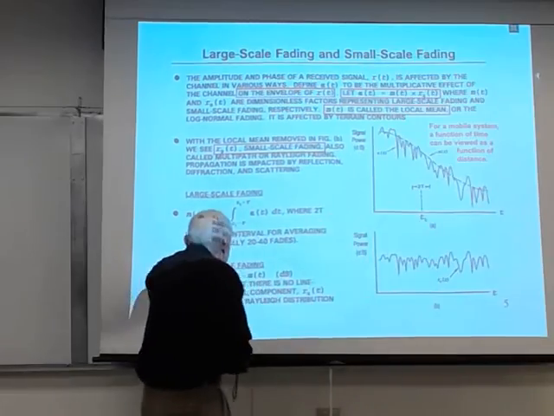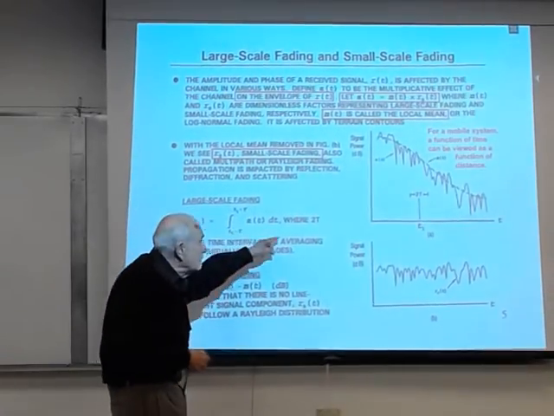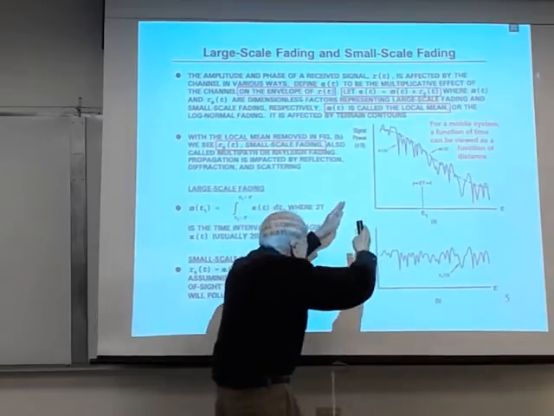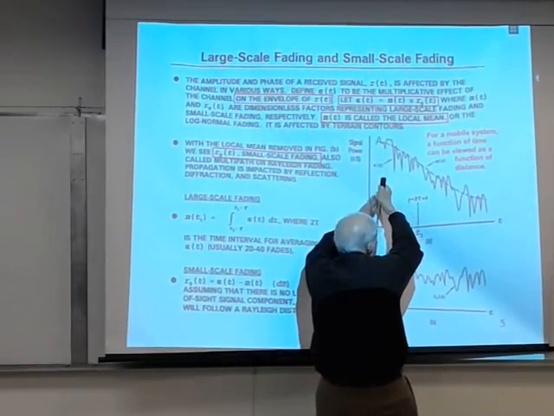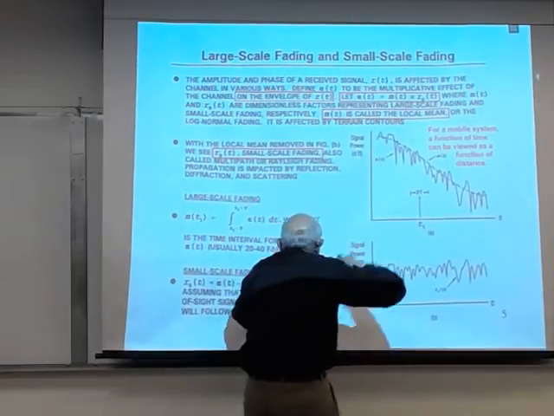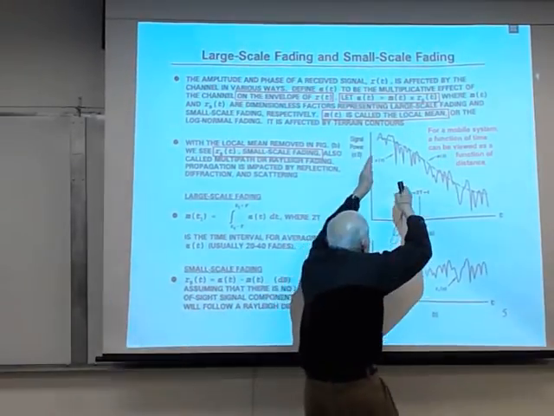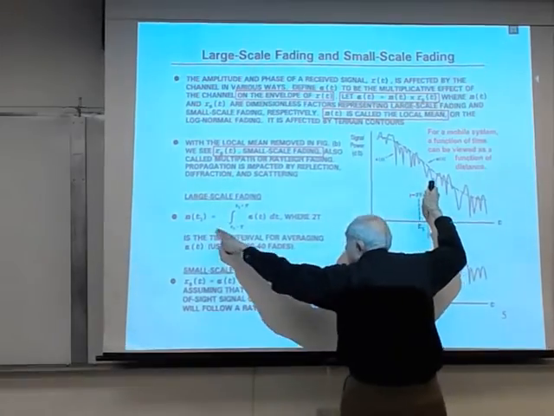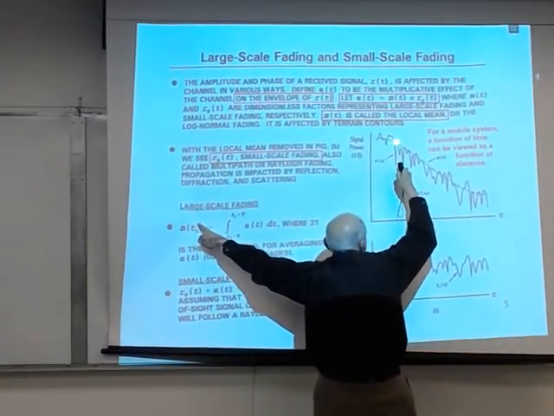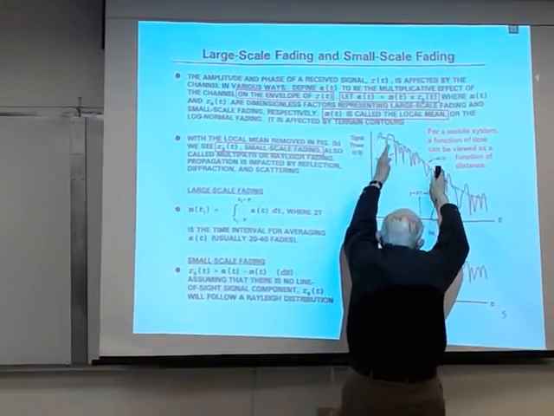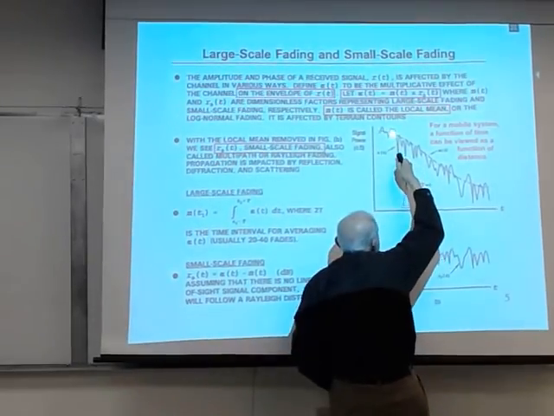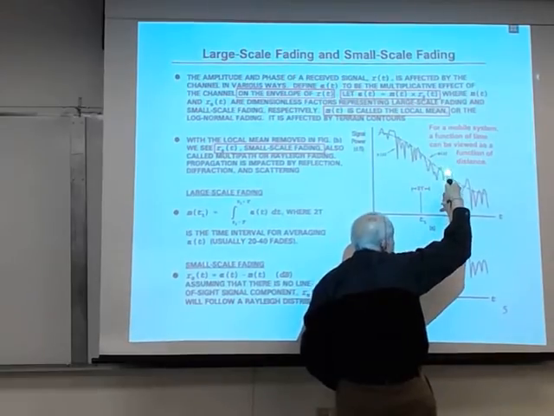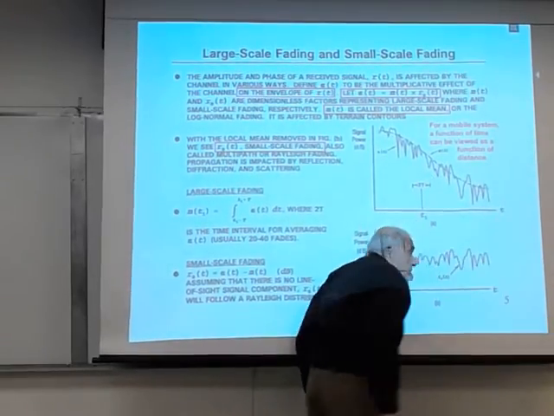So if you integrate over like 20 or 40 fades at a time, and solve for this m of t value, that's how you solve for m of t at time 1. And as this is a sliding window, as this integrator moves along, you get m of t1, m of t2, m of t3, and you get m of t, the local mean.